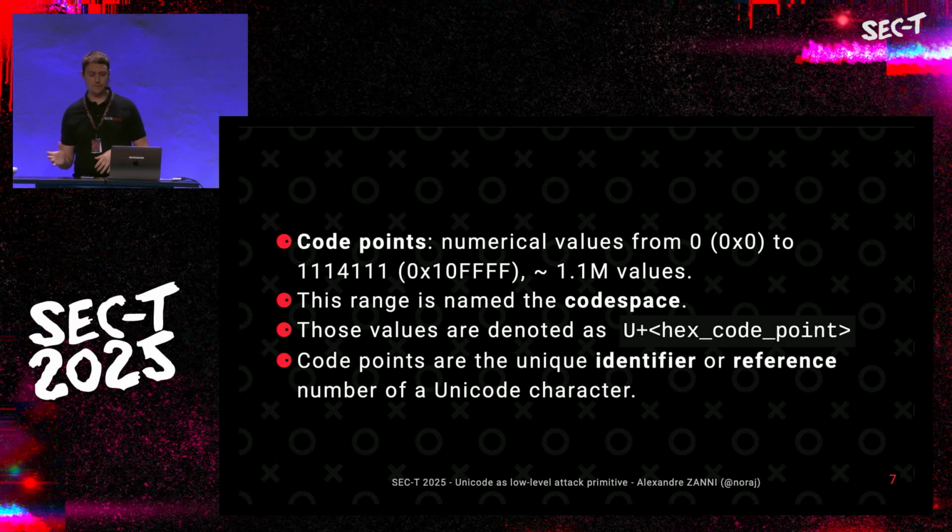For the vocabulary, I will often talk about code points. You can see Unicode code points as a unique identifier of a character. It's often written as an integer or as a hexadecimal value. The standard way to write them is an uppercase U followed by the hexadecimal value of the code point.